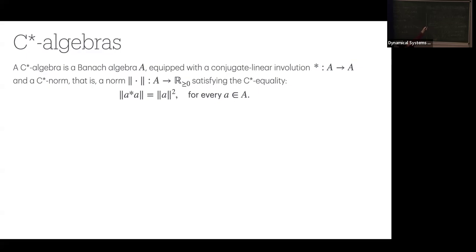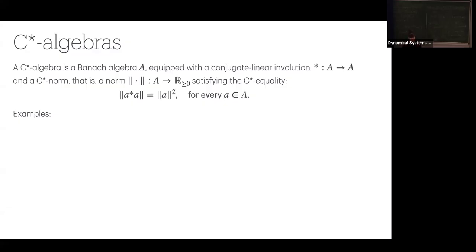And this makes C-star algebras significantly more tractable than arbitrary Banach algebras or Banach star algebras even. And there's a lot of magic that happens because of this norm, which we will see perhaps tomorrow. But I will mention a few things where this appears also today.